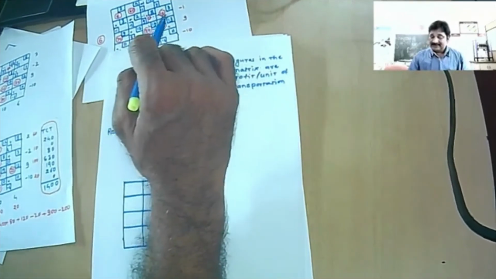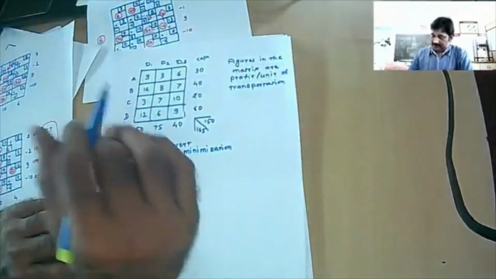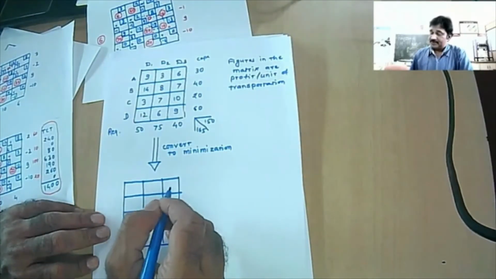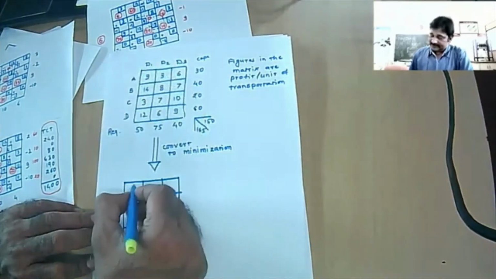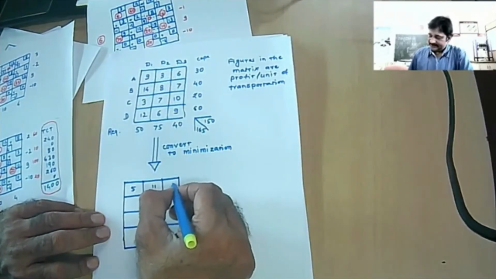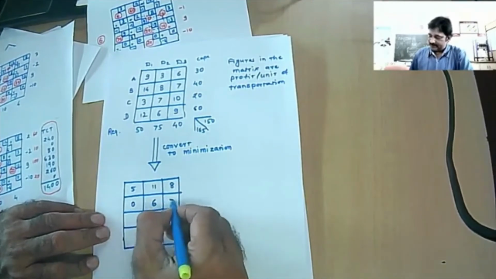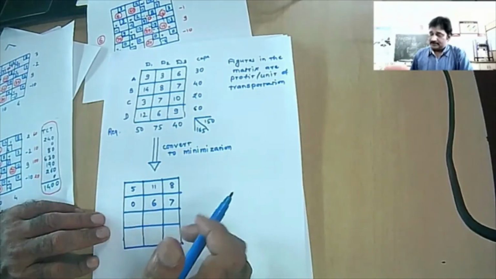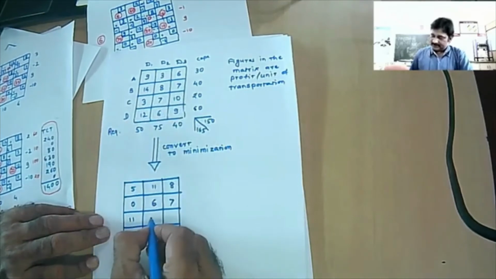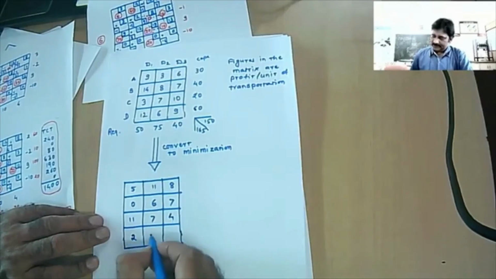The datum which was at the bottom, now I am taking it at the top. 14 is the datum for me, and now I'll be subtracting everything of the matrix from 14. So 14 minus 9 is 5, 14 minus 3 is 11, 14 minus 6 is 8, then 14 minus 14 is 0, then 6 here, then 7 here. I am subtracting all the values from 14. All right. Then 14 minus 3 is 11, 14 minus 7 is 7, 14 minus 10 is 4, then 2 here, then 8 here, and 5 here.